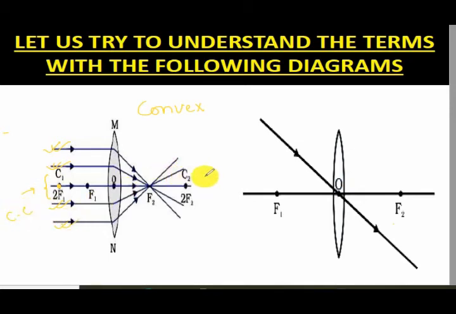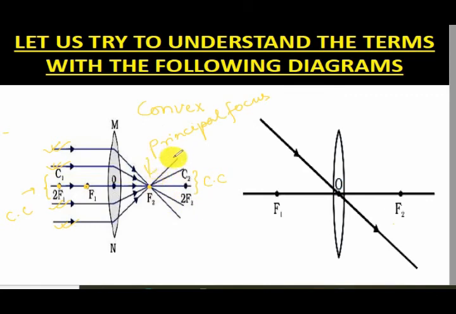Here also the same thing, C2 and 2F2, they are all centers of curvature. Then F2 here, and again F1 here. These two points are called principal focus, both. But the definitions are different for convex and concave.